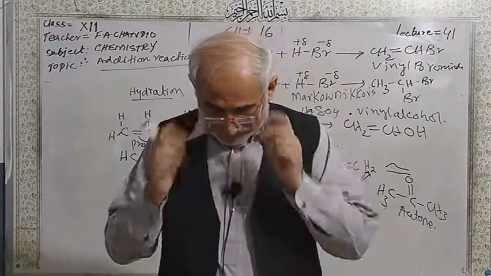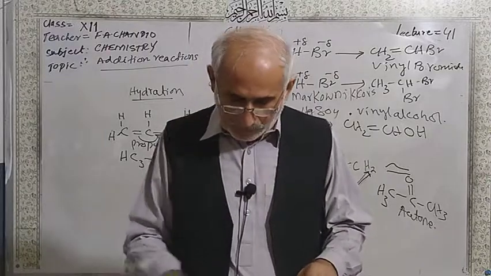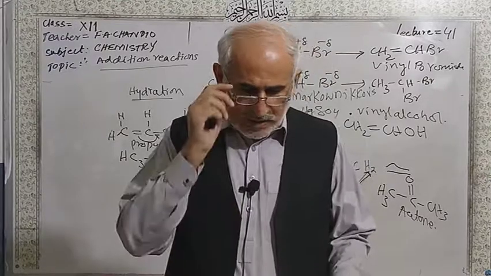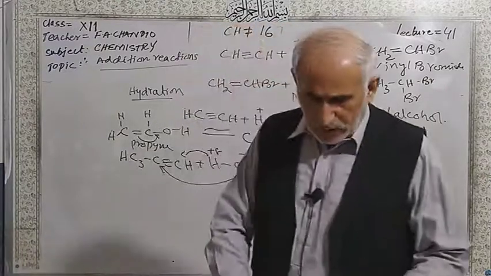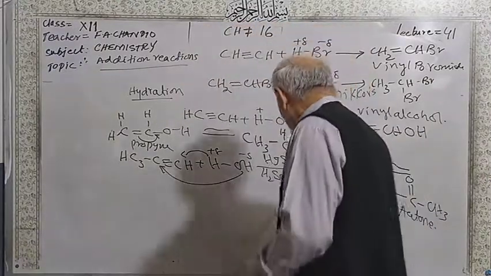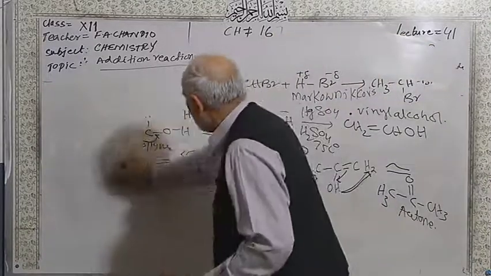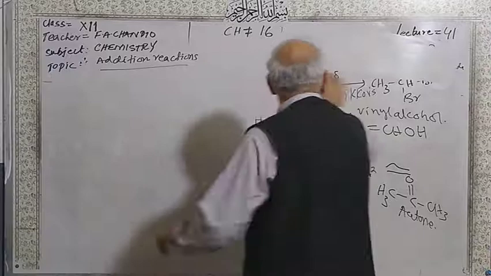Next is the addition of the halogen in the presence of carbon tetrachloride at a temperature of minus 34 degrees Celsius. All the chemical reactions are addition reactions.